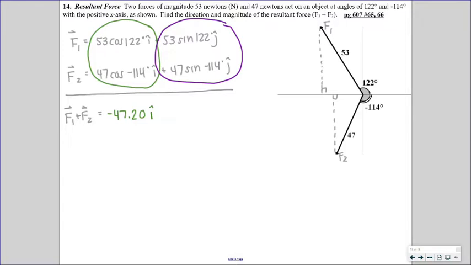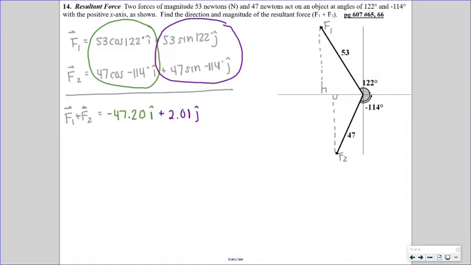That gives me 2.01. Okay, that is the vector, the resultant vector from adding these two forces together.